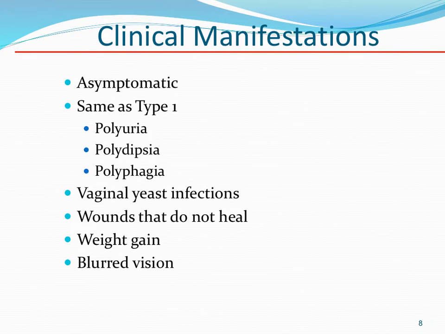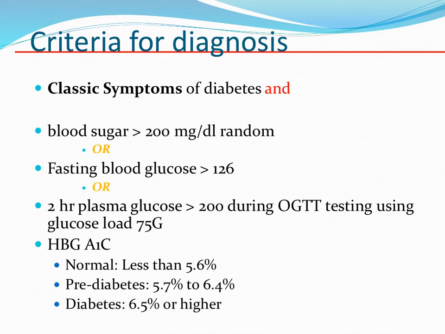We looked at the signs and symptoms on page 1157, and it pretty much says most people are asymptomatic, but they can have the 3 Ps: polyuria, polydipsia, and polyphagia. They are more prone to infections. Notice the wounds don't heal as quickly, maybe some weight gain, blurred vision if they've developed a retinopathy, and fatigue. These are some of the signs and symptoms.